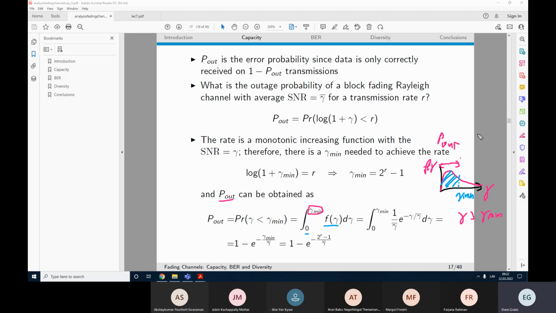And this is accordingly probability of the transmission, or 1 minus P outage, yes, of the opposite case. So in order to start transmitting data, we need to have specific minimum signal-to-noise ratio, and the probability for this outage therefore can be calculated by simply substituting this limit here, yes, as of this integral.